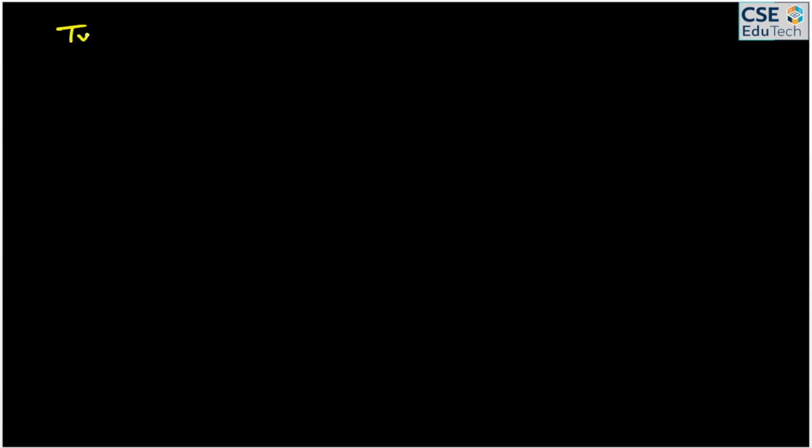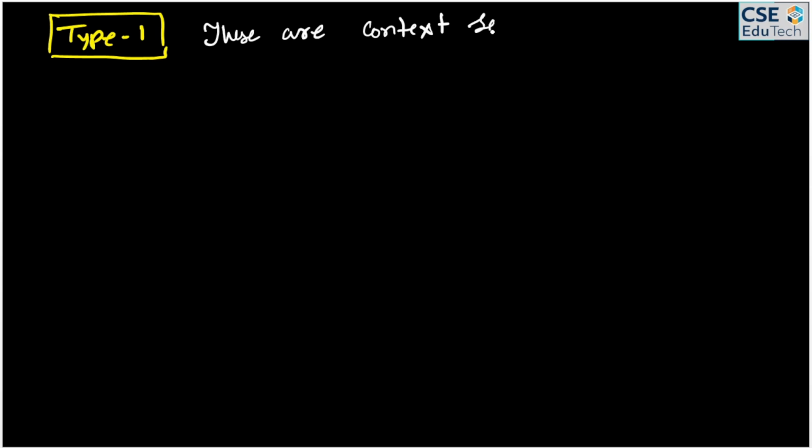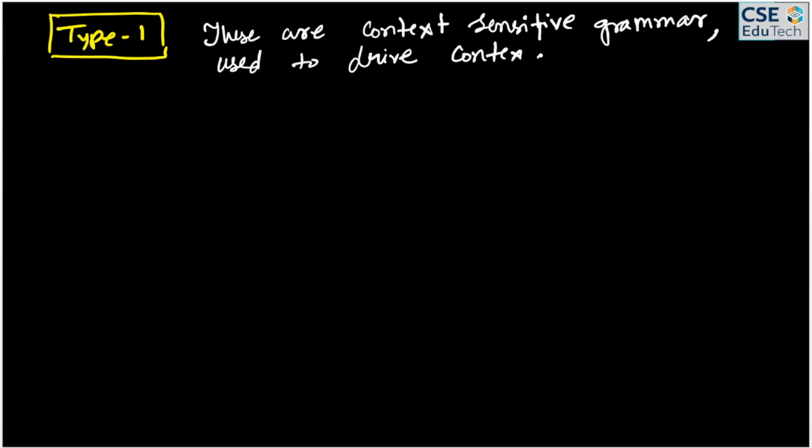Type 1 grammars are basically called context sensitive grammars, and they are used to derive context sensitive languages.